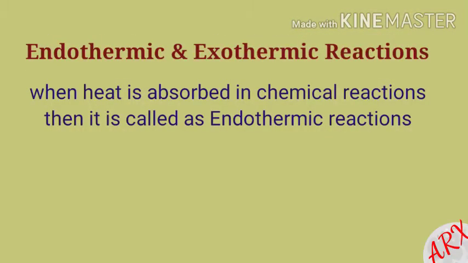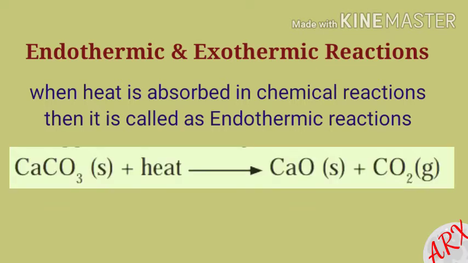Now we will move on to endothermic and exothermic reaction. The reaction in which heat is absorbed is called an endothermic reaction. For example, when calcium carbonate is heated, it gives calcium oxide and carbon dioxide.